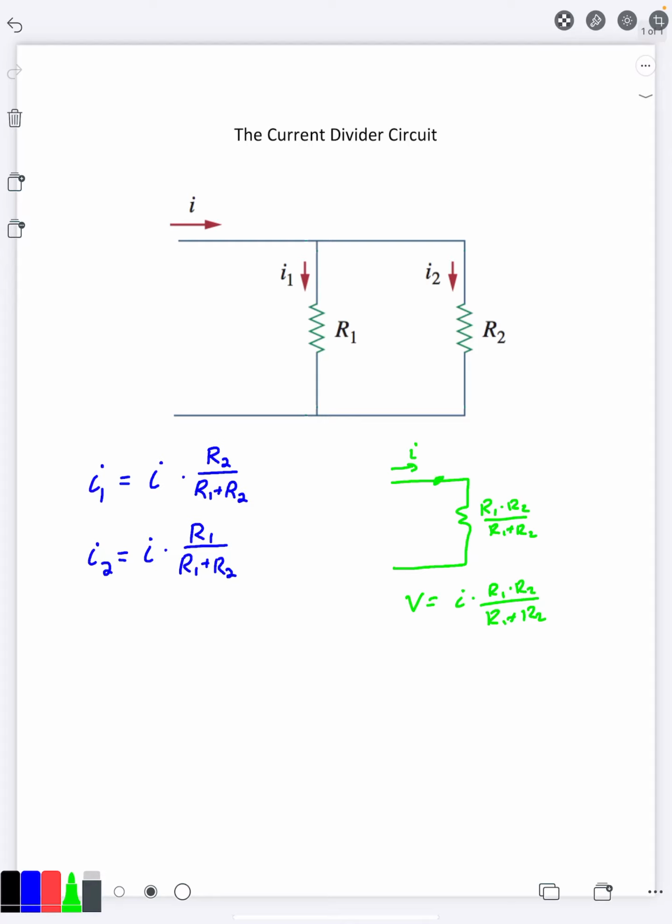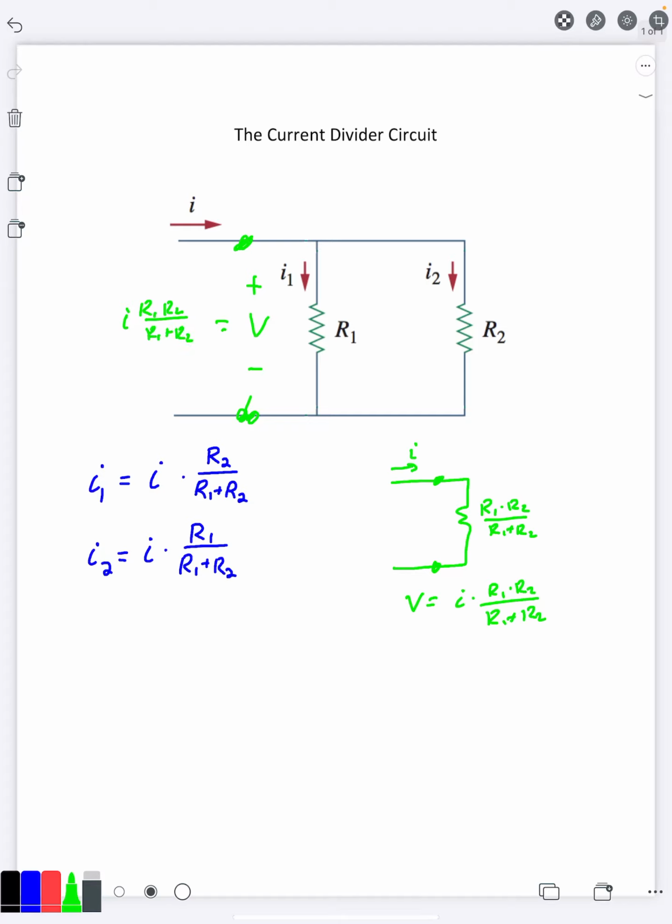And since these are the same two points on the original circuit, and we now know the total voltage here, as we said before, with equivalent circuits, anything outside of the box is the same. So since these right here are outside of the part I converted, you're going to have the same voltage across them of I R1 R2 over R1 plus R2.